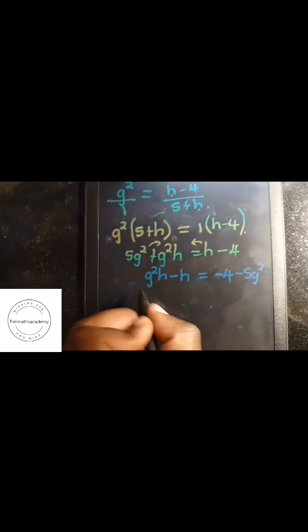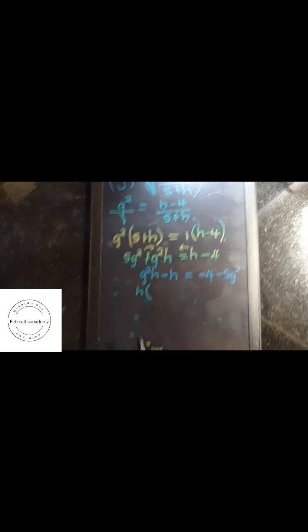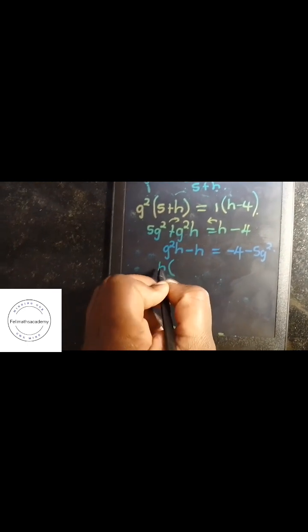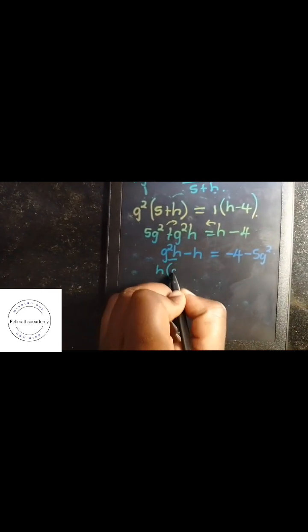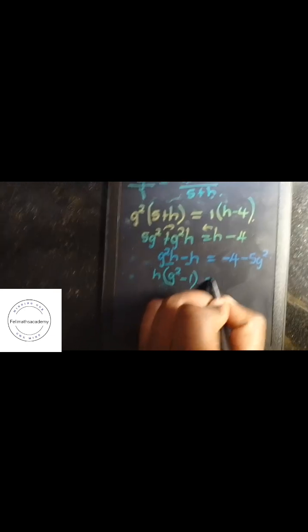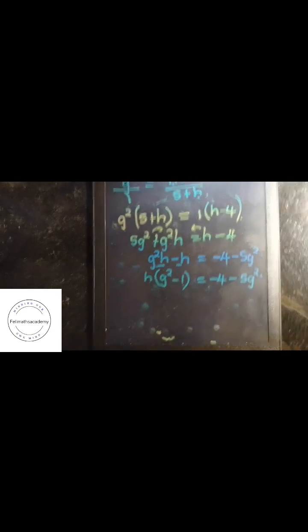Then we factor out h. So we have separated our h there. We have isolated our h. So we have h into this is g squared, h into this is negative 1, is equal to minus 4 minus 5g squared, right?